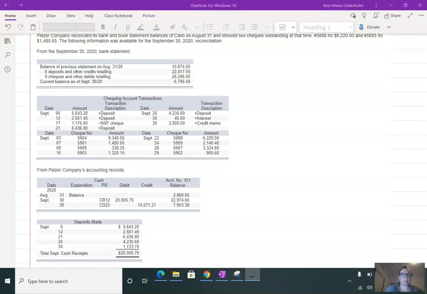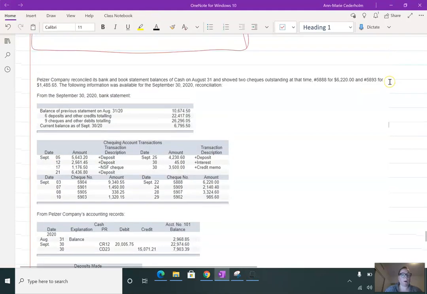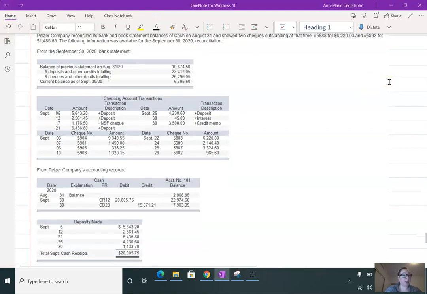So the first step is to find out what the ending balance in your bank account is. It's easy when we're doing this in real life because you can just go online and look at your ending balance, or you can get your statement in the mail or an electronic copy and you just look for that ending balance.